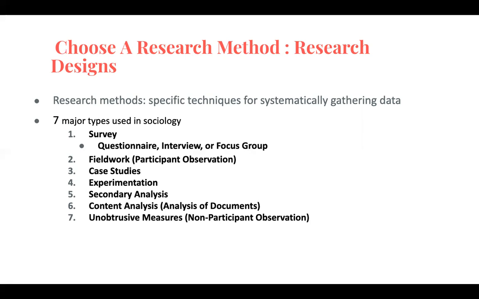These are like the large scale surveys conducted by the government, so something like the census, or conducted by large research centers associated with universities. And then they make this data available to other researchers. In some cases, like the census, they make it available to the public. And then you can do your own analysis with the data that they collected. And so we call that secondary analysis.